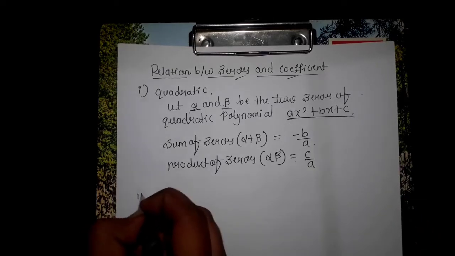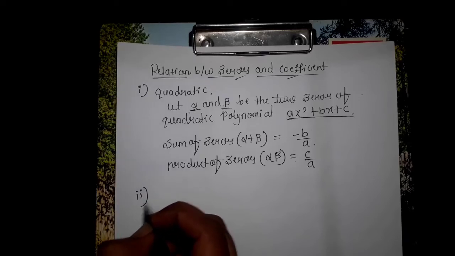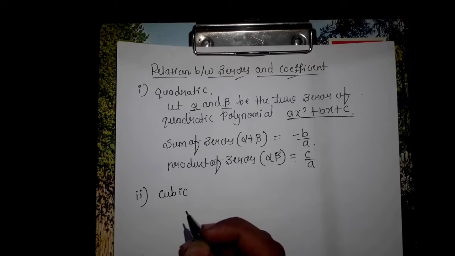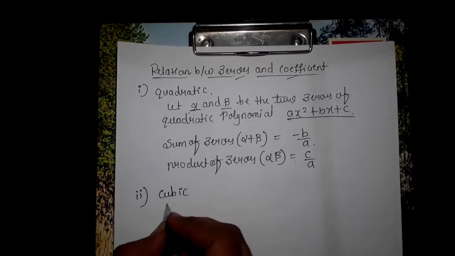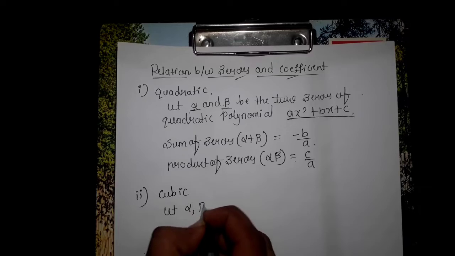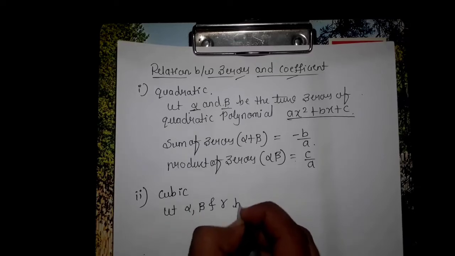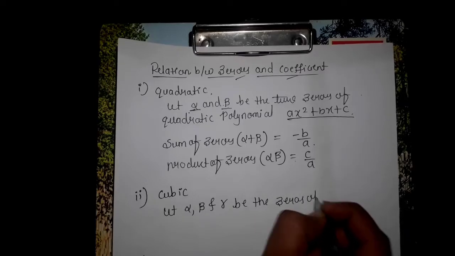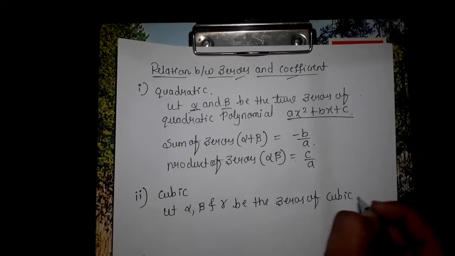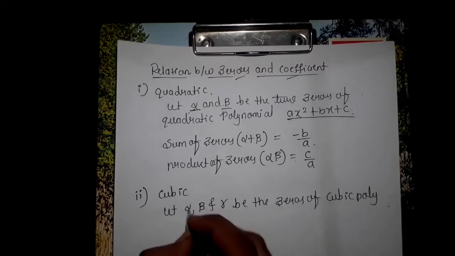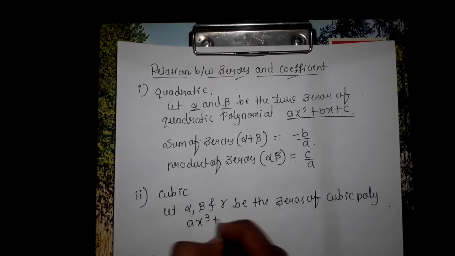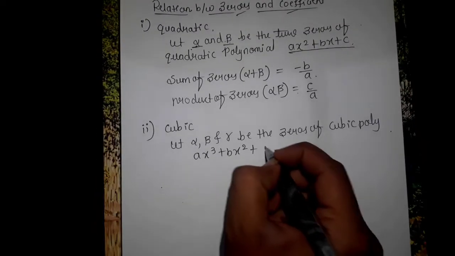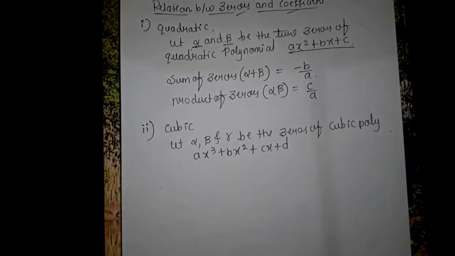Now let us define the relation for cubic polynomial. Since we know that for cubic polynomial there will be three zeros, let alpha, beta and gamma be the zeros of cubic polynomial ax cube plus bx square plus cx plus d.